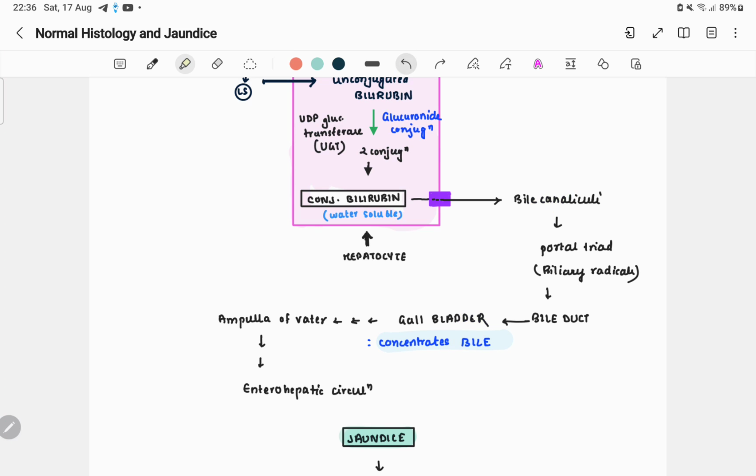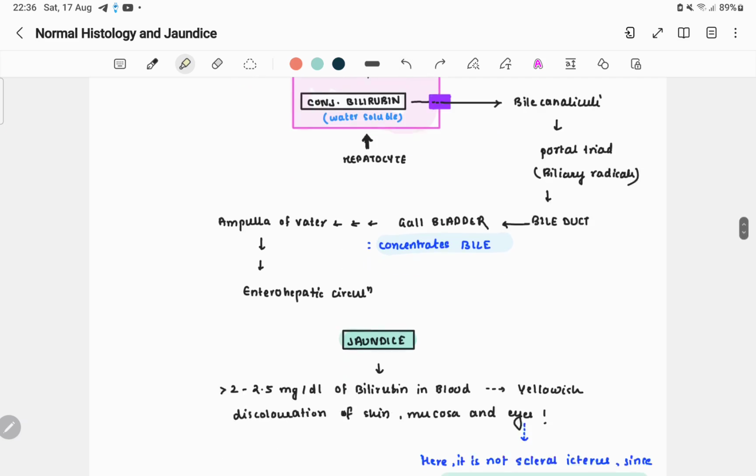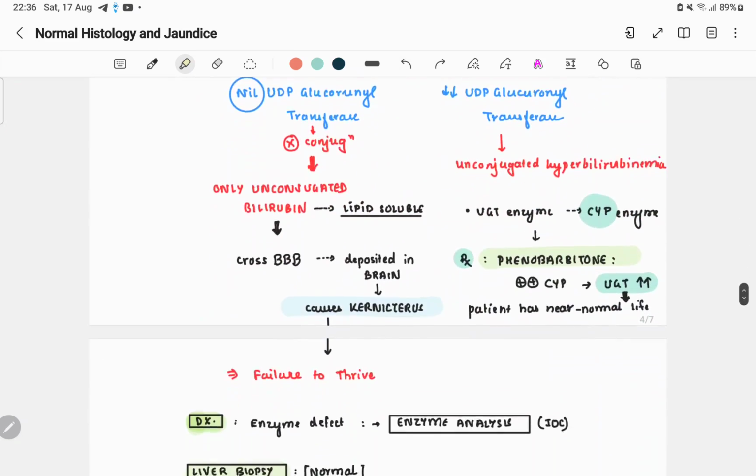Anything which can obstruct the transport of bile away from the liver will cause this, like pancreatic head tumor, gallbladder stones, or any gallbladder or bile duct pathology, many of them.